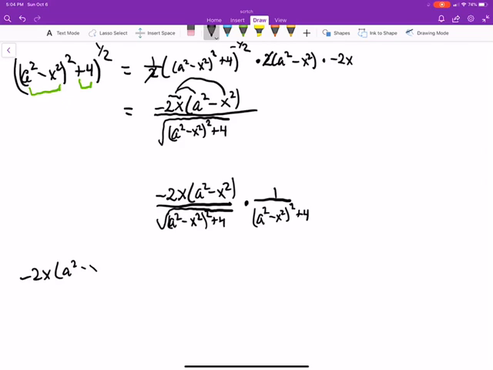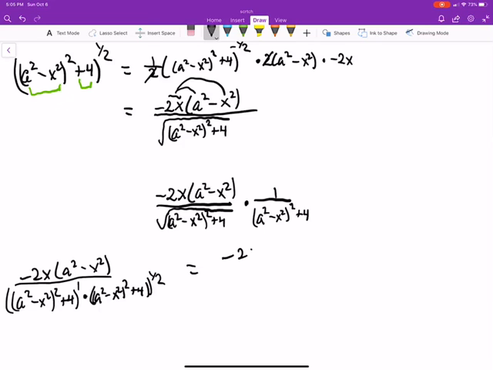A squared minus x squared. And then just multiplying through. It's the same thing as a squared minus x squared squared plus 4 to the first power times a squared minus x squared squared plus 4 to the 1/2 power. And we can just simplify that.